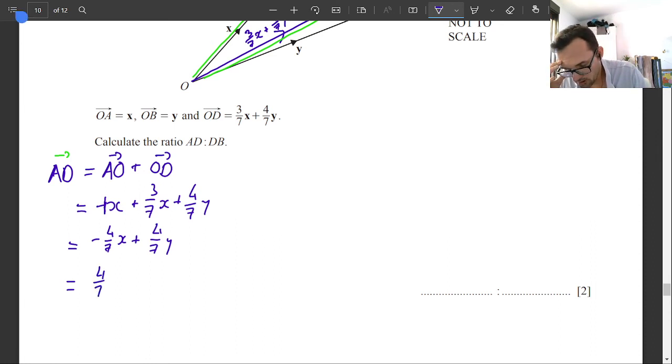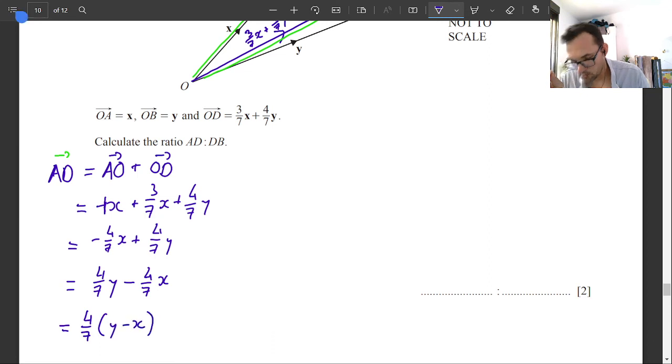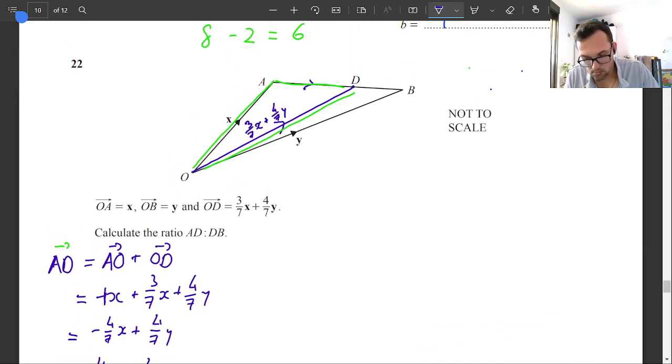So 4 over 7 y minus 4 over 7 x. And because it just begs to be factorized because it's exactly the same, that will give us 4 over 7 (y minus x). Just to make it look nice. Okay, that's AD. We can work with that. Let's now take DB.